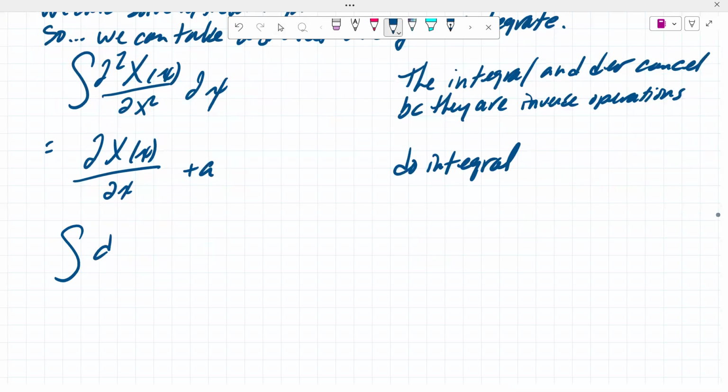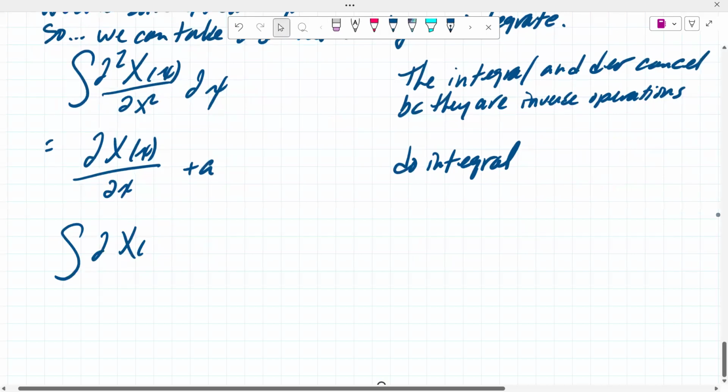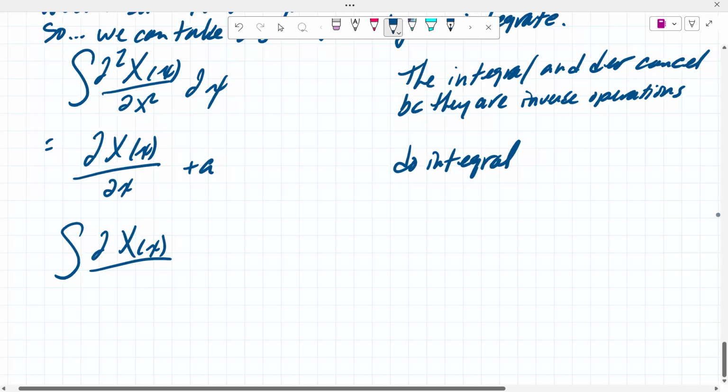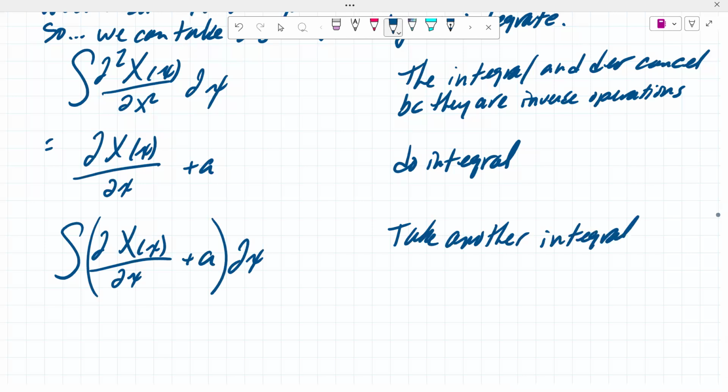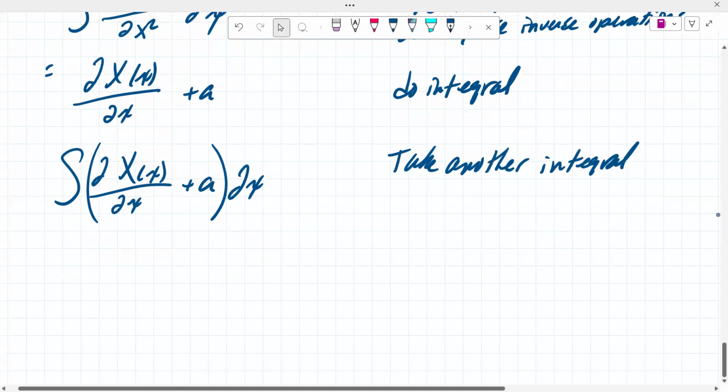So the integral of dX over dx plus a. And remember, it works like this: you apply it over the whole thing. So we're going to integrate again, take another integral. And now we can distribute.